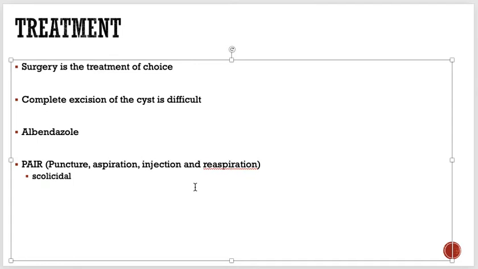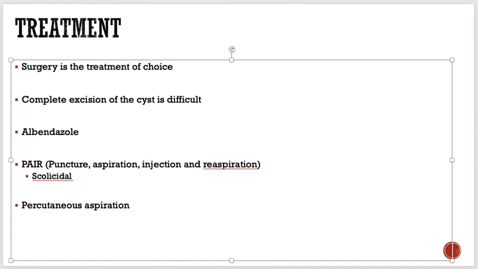One more thing which is used nowadays, because many minimally invasive surgery techniques are there, is percutaneous aspiration. So what is percutaneous aspiration?